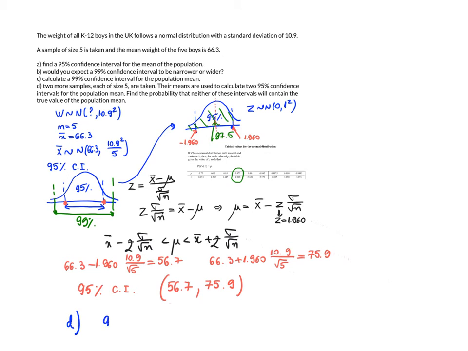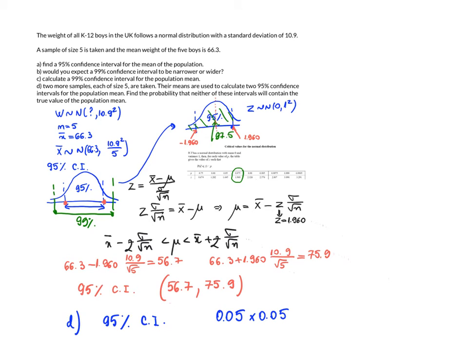Well, if it's a 95% confidence interval, we expect that 95% of our generated confidence intervals will contain the true mean. So we expect that 5% will not contain the true mean. And because I generate this twice, the required probability will be 0.05 squared.